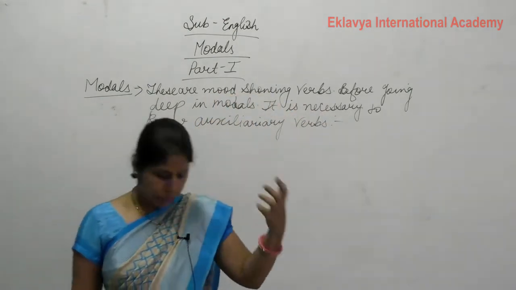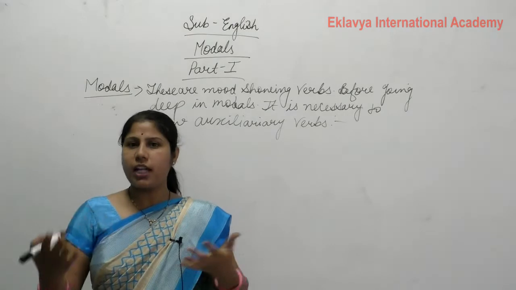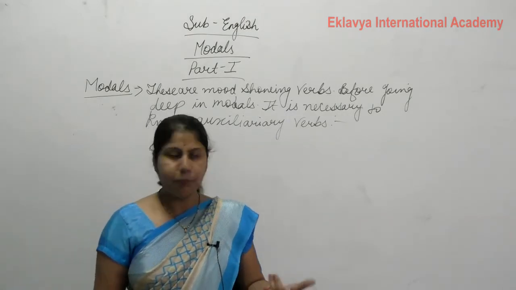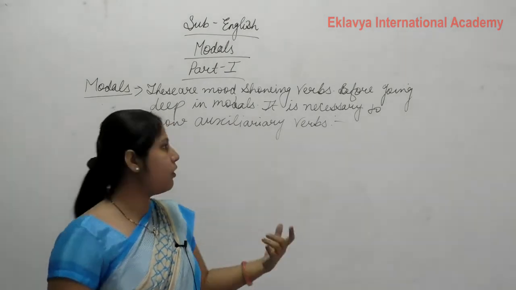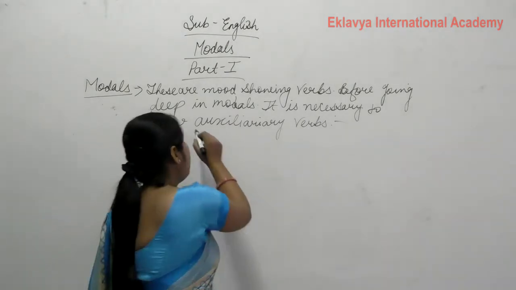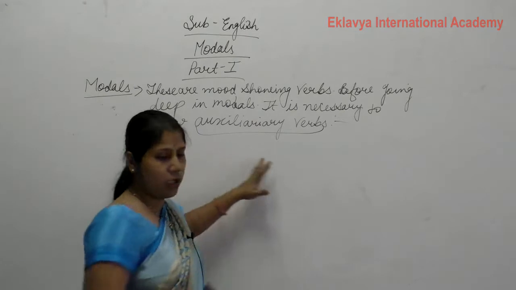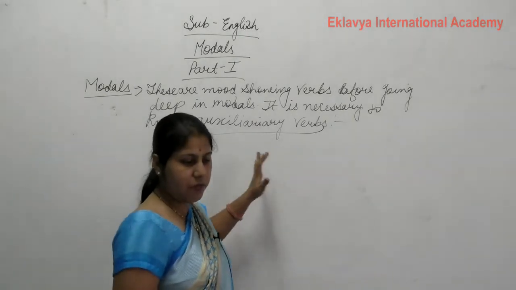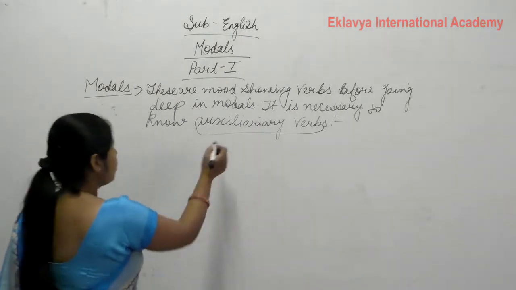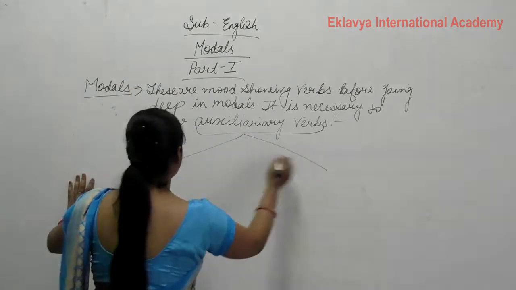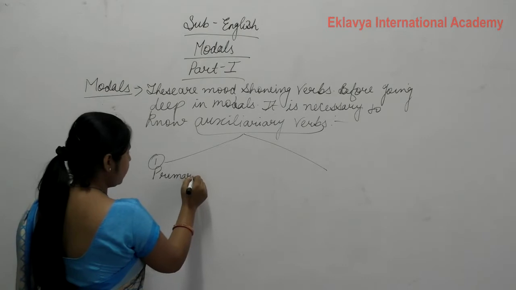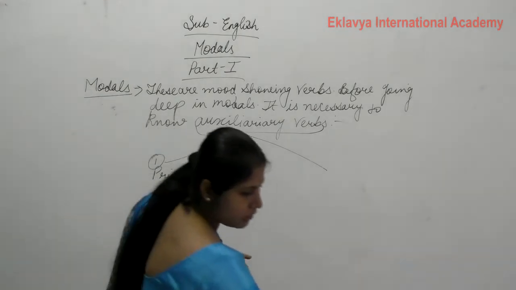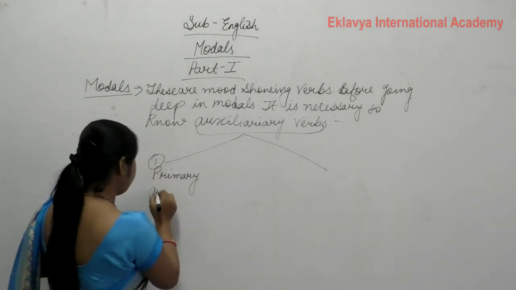Okay, mood showing verbs means which tell us about our mood. Before going deep in modals, it is necessary to know about auxiliary verbs. So, what are auxiliary verbs and how many types of auxiliary verbs are there? There are two types of auxiliary verbs. First is primary auxiliary verbs.